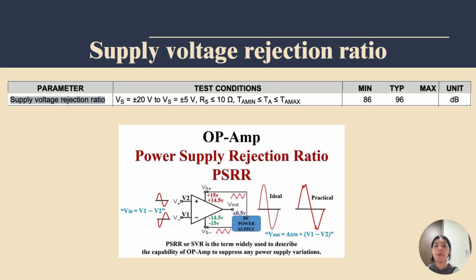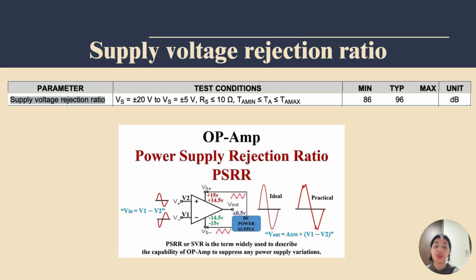Now, what is the supply voltage rejection ratio? The supply voltage rejection ratio, also known as power supply rejection ratio (PSRR), is a key parameter that describes how well an operational amplifier can reject variations in the power supply voltage and prevent them from affecting the output signal. In an ideal op-amp, fluctuations in the supply voltage should have no impact on the output.